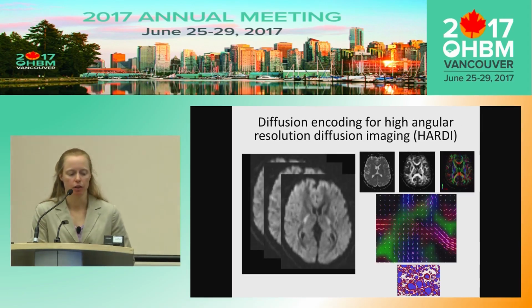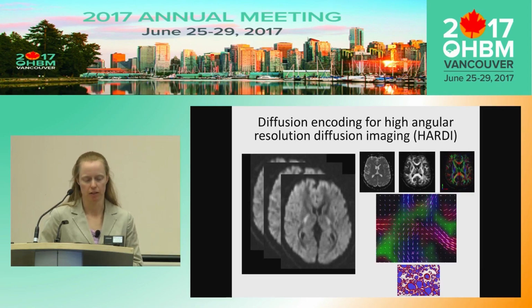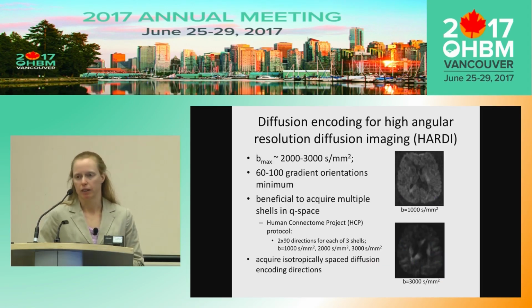If you want to infer multiple fiber orientations per voxel, and for most microstructural models, we would generally do what's called high angular resolution diffusion imaging, which by my definition means many more than 6 diffusion encoding directions, more in the 60 to 100 range or more, and going to a higher B value.